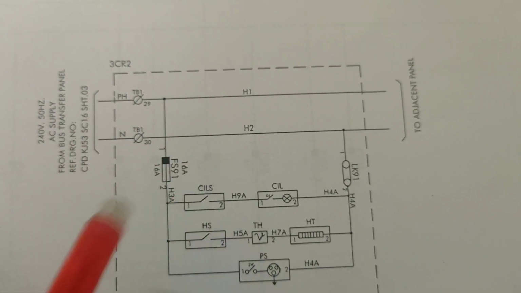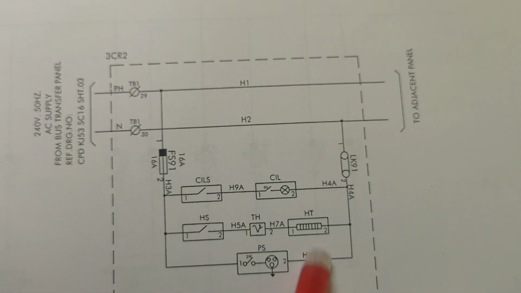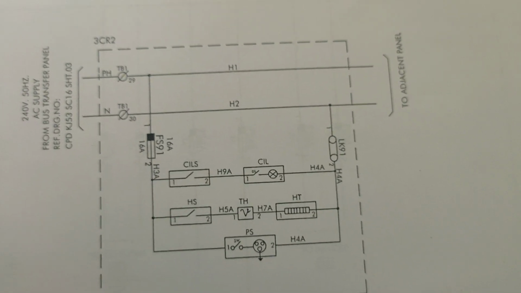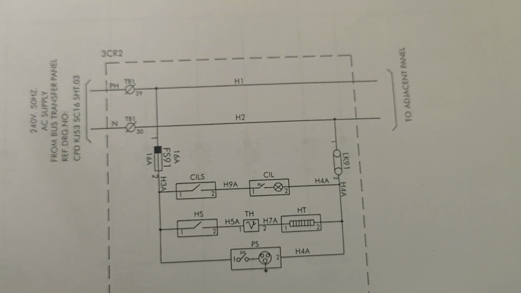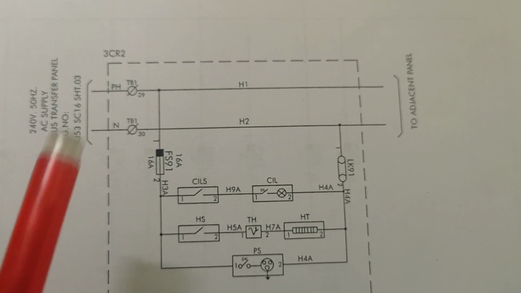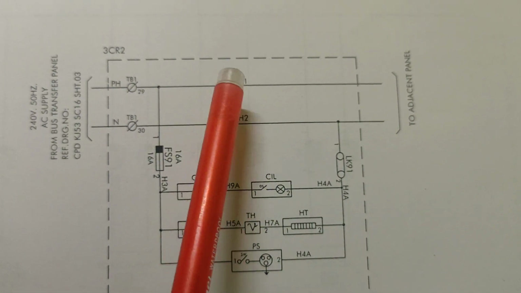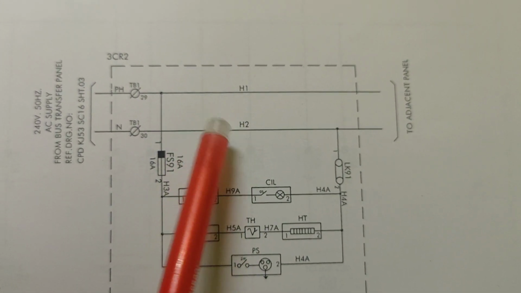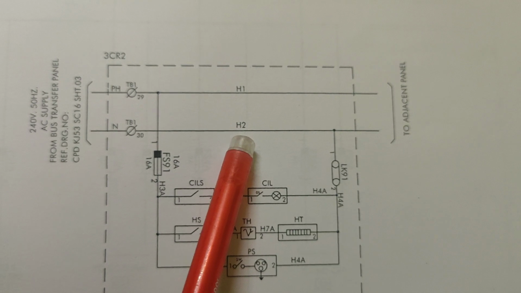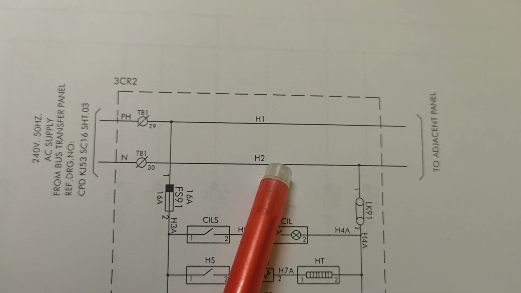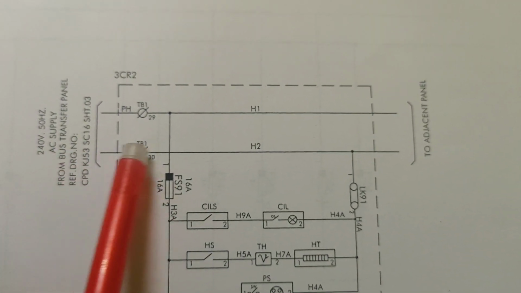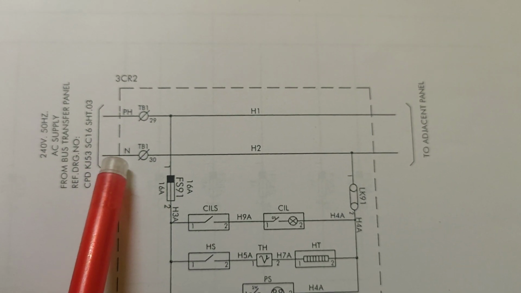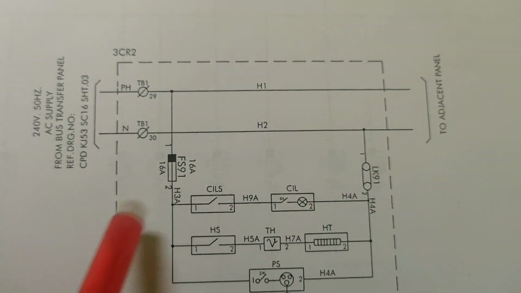AC bus is for AC utilization purpose, and DC is for protection and utilization purpose. H1 and H2 are just the indication for the alternating current. This is coming from the transfer bus and going to the adjacent panel.